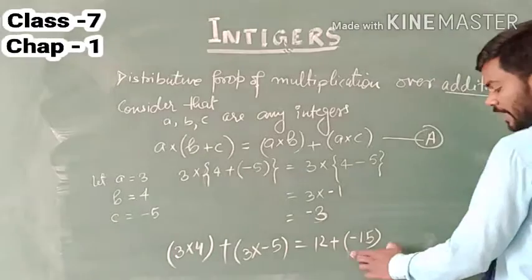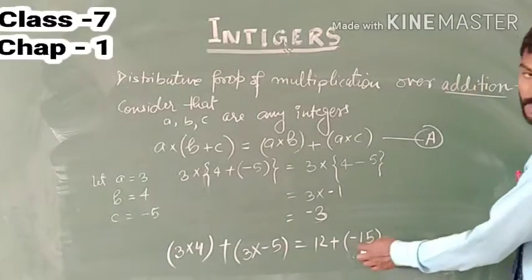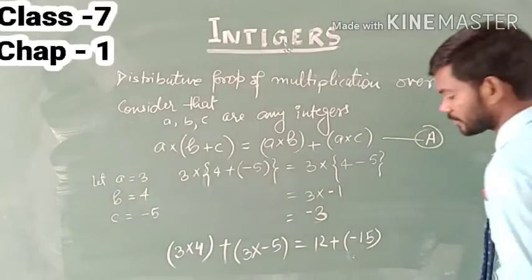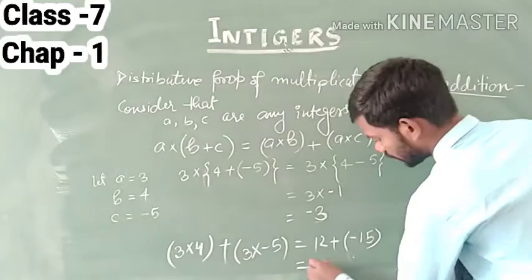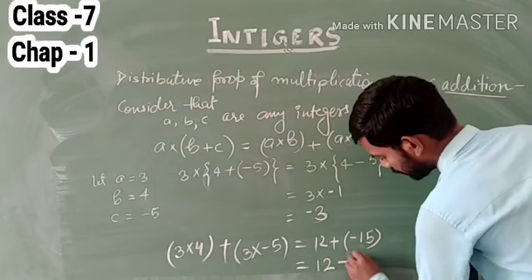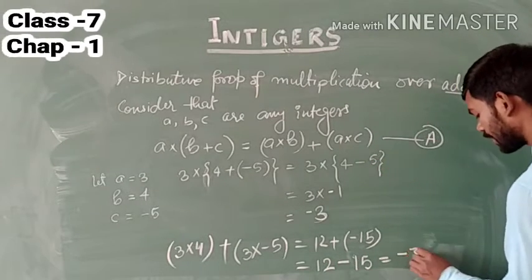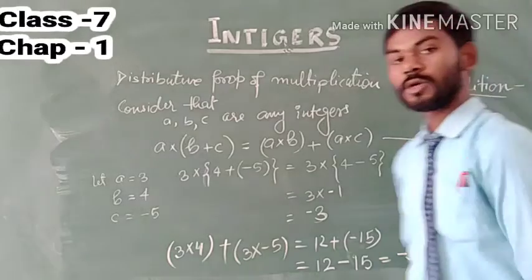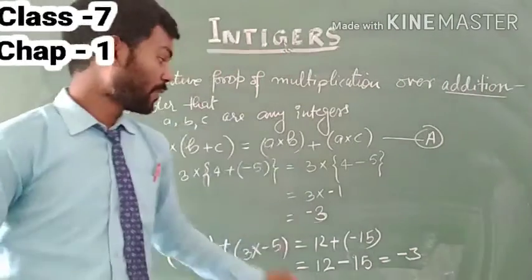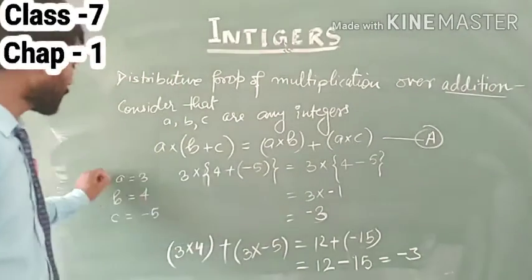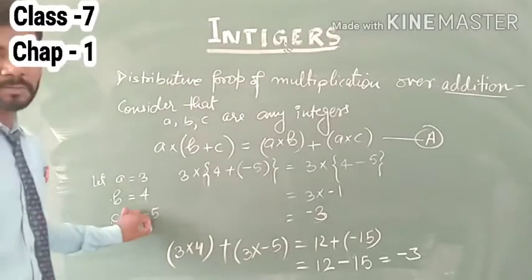Now break the bracket. When we multiply plus by minus, we get minus as a result. So here we get 12 minus 15, and when we subtract, we get again minus 3.